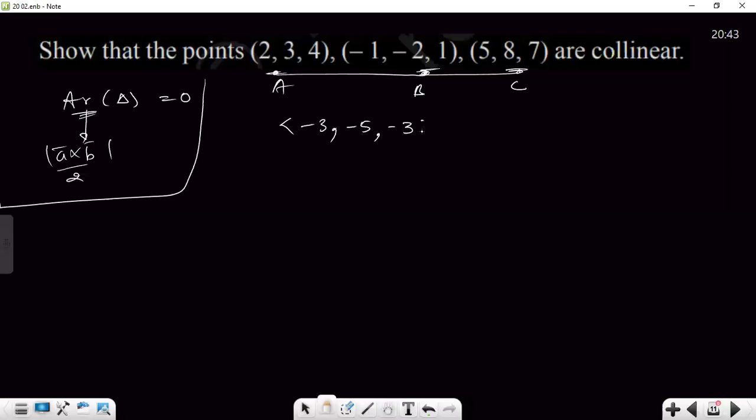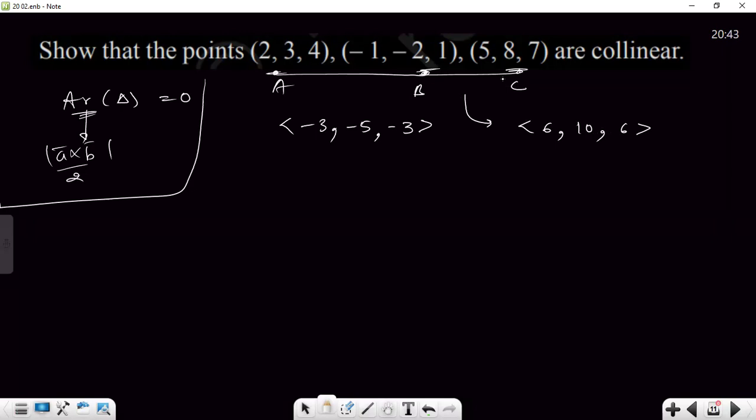Yes, we are doing it correctly. The direction ratios for BC will be 5 minus -1, 6; 8 minus -2, so 10; 7 minus 1, 6. So these are the direction ratios of AB and of BC.